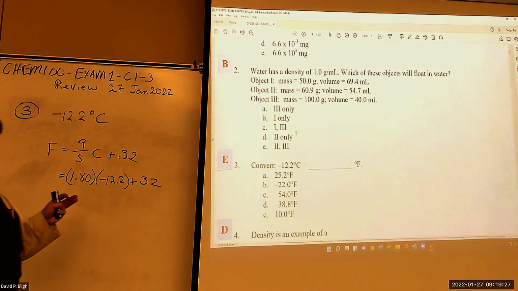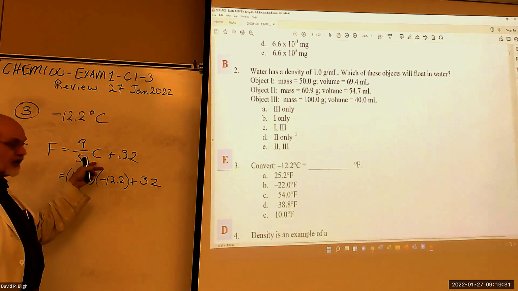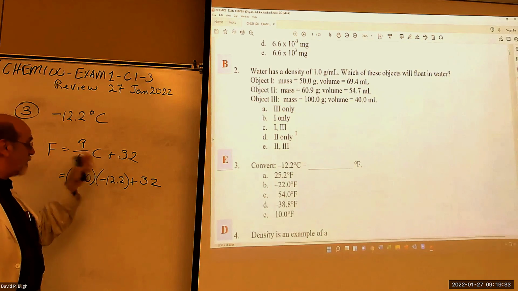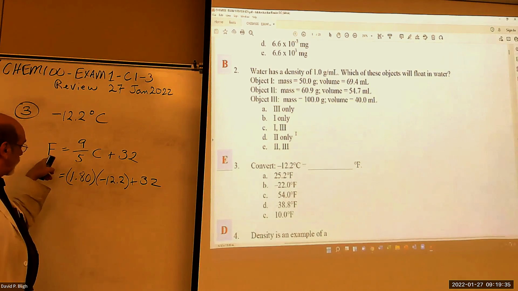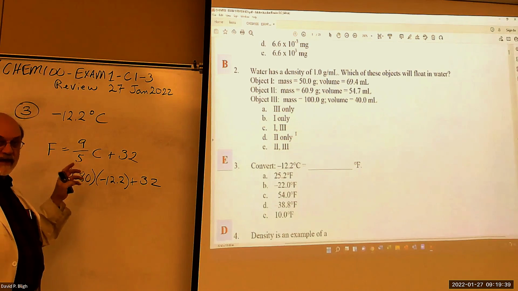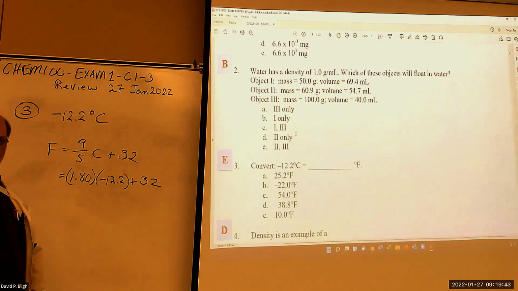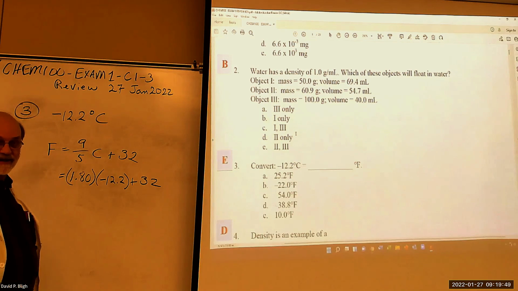This is algebra, solving for an unknown. There's your unknown, and there's your known, a variable we happen to know the value for. We don't know this one. And any formula that has only one unknown left, you can solve for it.